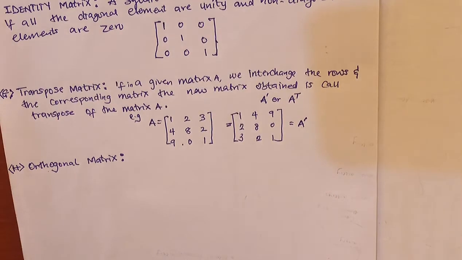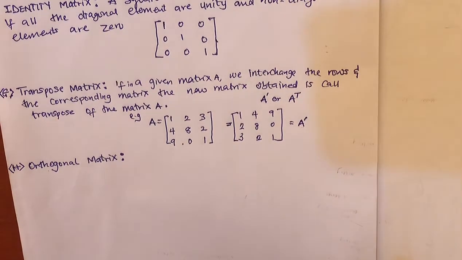A square matrix is called an orthogonal matrix if the product of the matrix A and the transpose of matrix A is an identity matrix. I'll say it again: a square matrix is called an orthogonal matrix if the product of the matrix A and its transpose is an identity matrix, right? So I'm going to put it down.